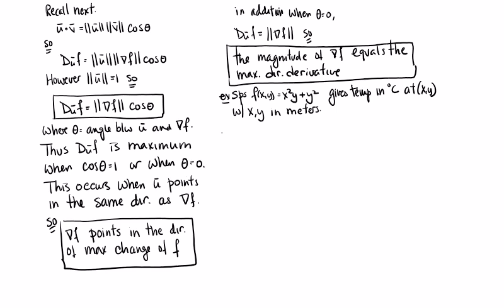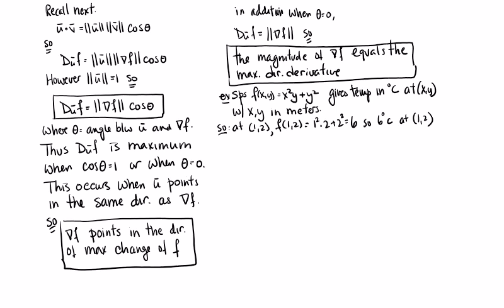So then a bunch of different things we can say. I haven't asked a question yet, that's okay. Let's look at some information. Suppose we're at the point 1, 2. If we plug that into f, we get 1 squared times 2 plus 2 squared, which is 6. So it's 6 degrees Celsius at 1, 2.